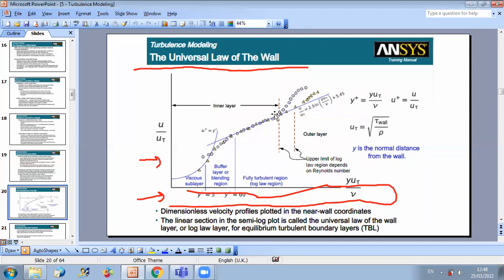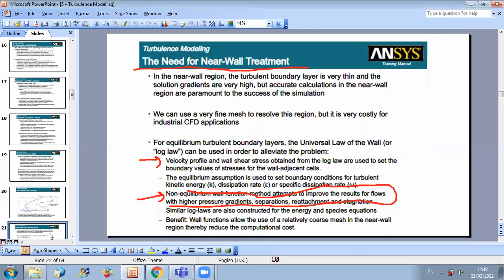Whenever you have larger pressure gradients or separation zones, you can come up with new or modified laws to account for these effects. Similar log laws are also constructed to take into account other cases like the energy and species equations. The benefit of wall functions is that they allow the use of a relatively coarse mesh in the near wall region while giving a good prediction of the behavior of flow near the wall.